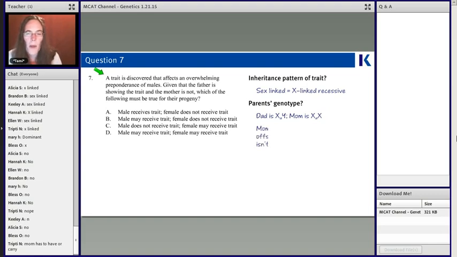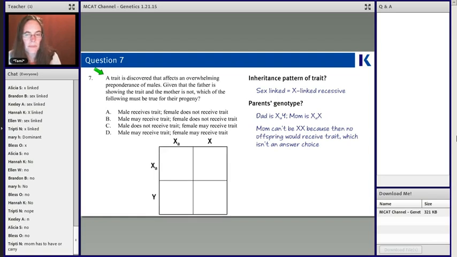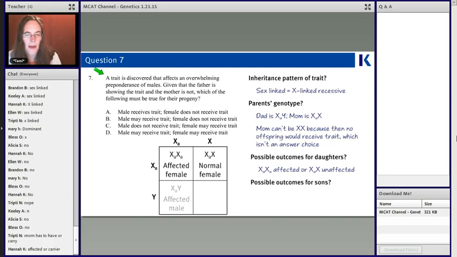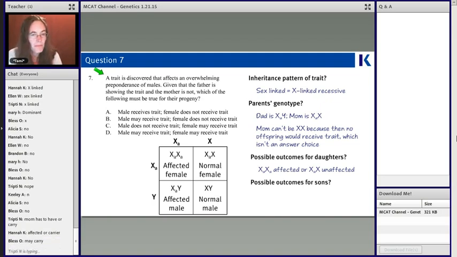Now, what are my possible outcomes for my daughters? I'm going to fill this out and see what we have. They can be affected or a carrier, not be bald, but be a carrier for it. What are the possible outcomes for sons?